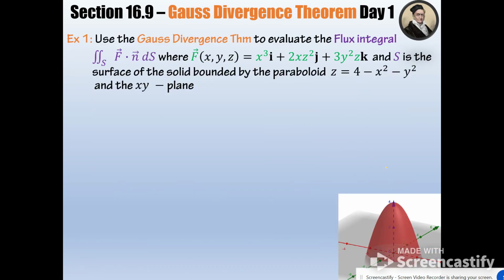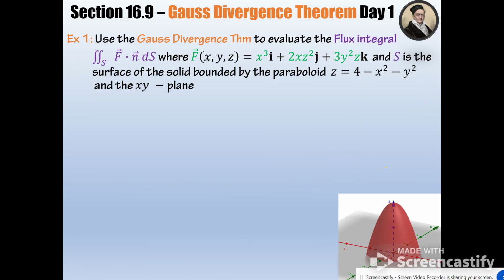I do have a handout attached to the email with these problems typed up. So use the Gauss divergence theorem to evaluate a flux integral, just like we did with Stokes' theorem. What that says is don't evaluate the double integral.